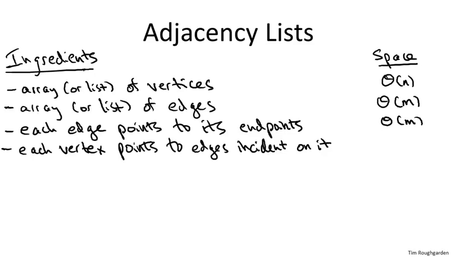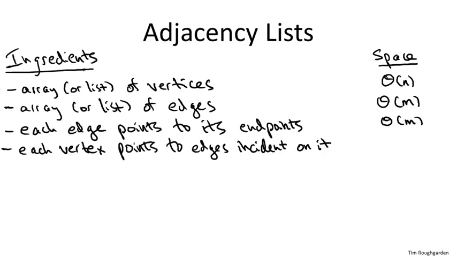Now, this fourth case, you might be feeling kind of nervous because a vertex, in principle, could have edges involving all n minus 1 other vertices. So the number of pointers at a single vertex could be theta of n. Also, you do have n vertices, so that could be theta of n squared. And certainly in something like a complete graph, you really would have that much. But the point is, in sparse graphs, n squared is way overkill for the space needed by this fourth set of pointers.